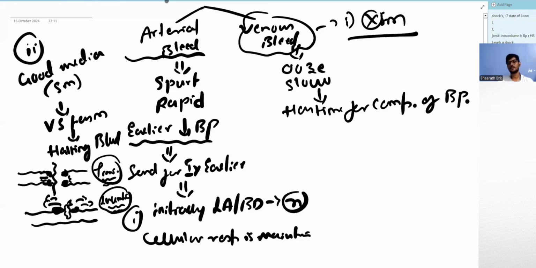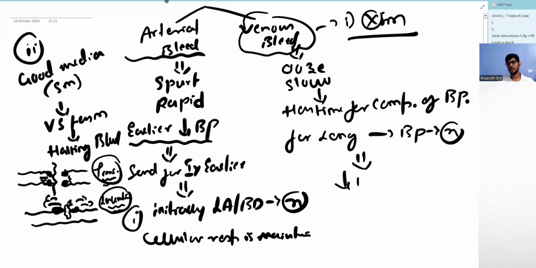So blood pressure can be compensated and for a long period of time, BP remains normal. And by the time it manifests as reduced BP, already much of the blood will be lost, right? Because there is a long time and it is slowly compensating, the blood loss is happening.